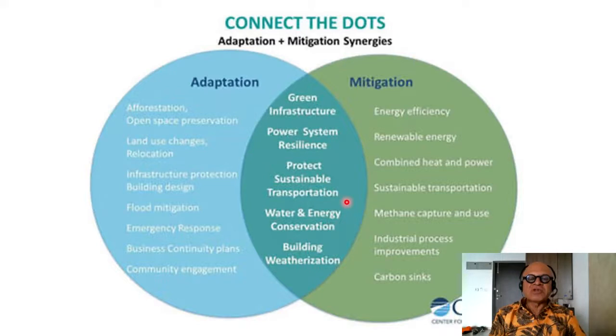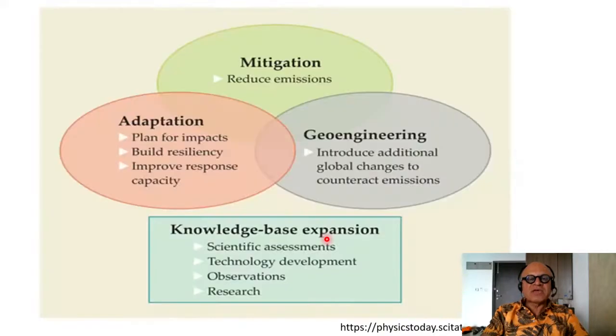Sustainable transportation, water and energy conservation, needed for adaptation as well as mitigation. And building weatherization, where you are dealing with either increasing temperatures or increasing extreme events and storm surge, flood, inundation, and so on, right? So I think you get the idea.